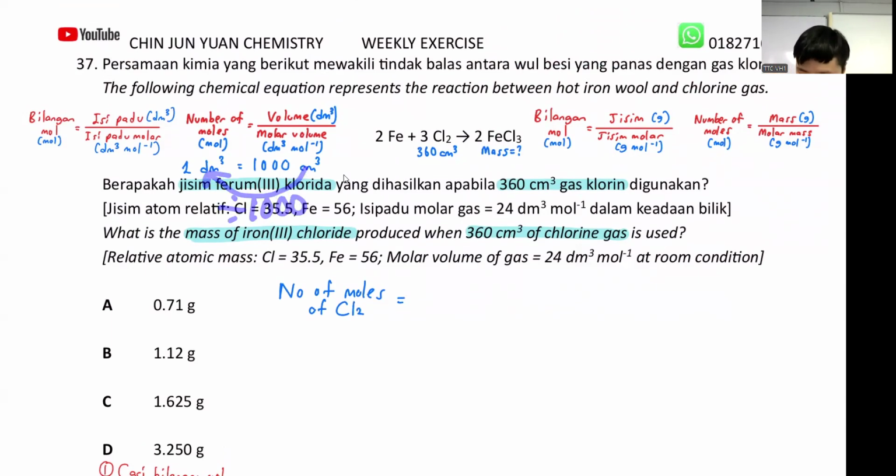So 360 divided by 1000 first, then divide by the molar volume, in this case 24. So you get 0.015 mole.